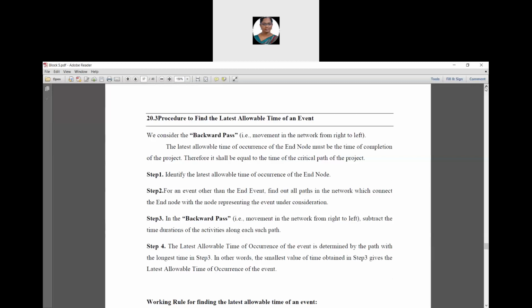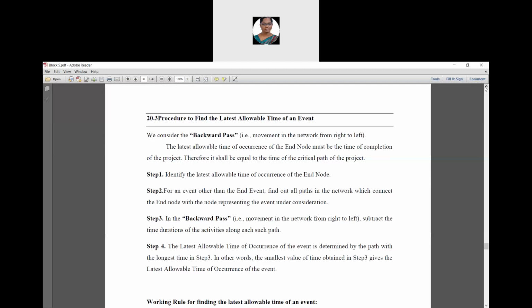So the latest allowable time of occurrence of the end node must be the time of completion of the project. Therefore, it shall be equal to the time of the critical path of the project.